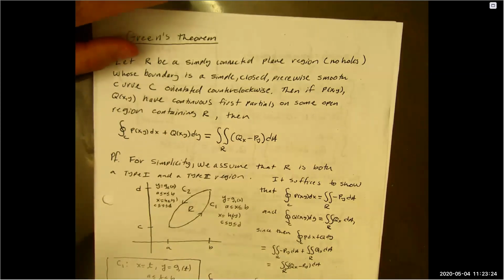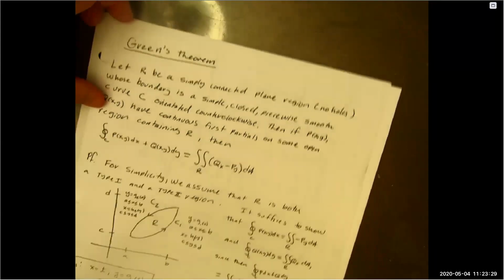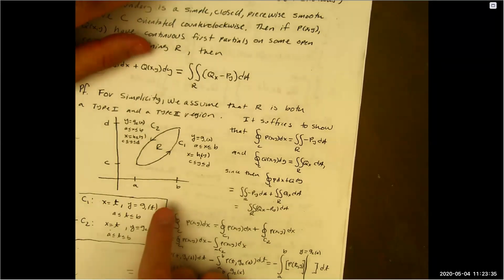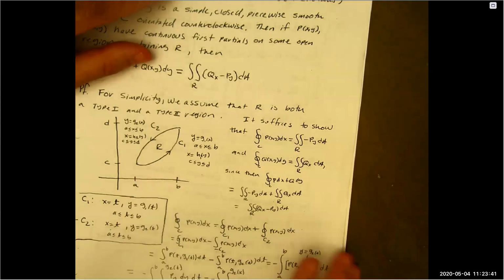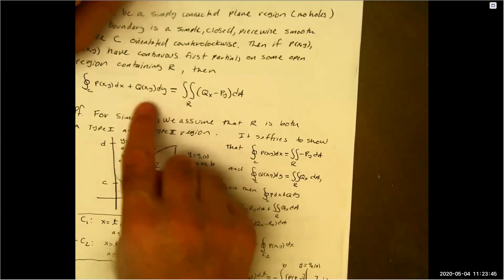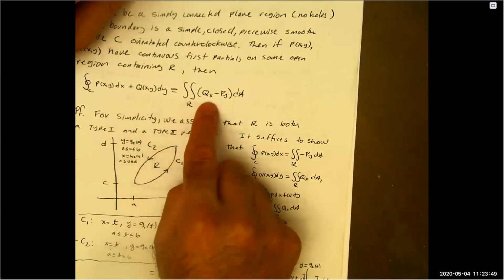All right, so what we want to do is get some idea of why Green's theorem works. For simplicity, we're going to assume that R is both a type 1 and type 2 region. And that makes it a little bit easier to argue it out. So we want to show that this line integral is equal to this double integral.